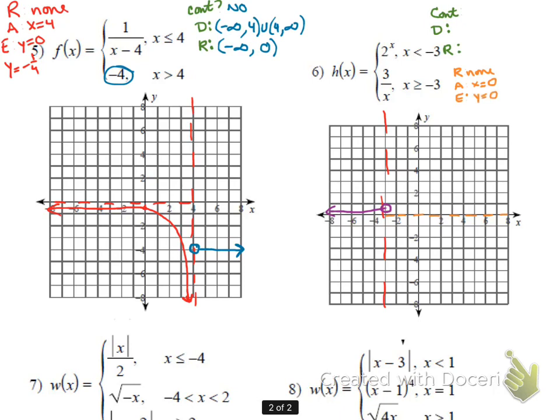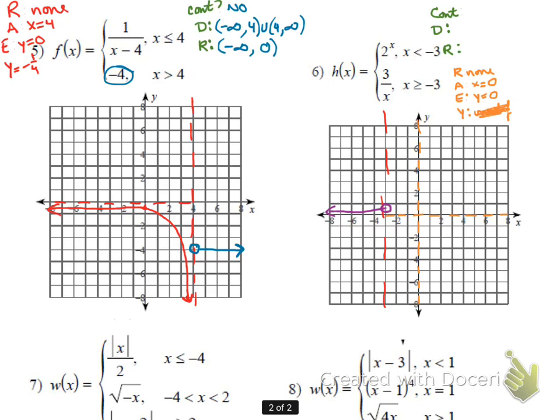I'm sorry, you know what I meant, you've done this before. x equals 0 was the vertical line, I apologize, and y equals 0 is the horizontal line. And then for y, it'd actually be 3 over 0, so it's undefined.